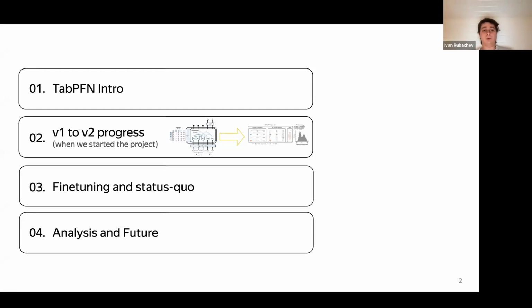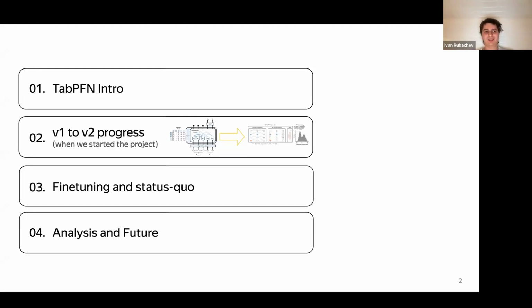I'll go first a few minutes into an intro to tabular foundation models, in particular the ones like TabPFN, the in-context learning ones. Then I'll talk about some personal history of how we started messing around with tabular foundation models like this at Yandex Research, and what actually led us to some productive research in this direction.